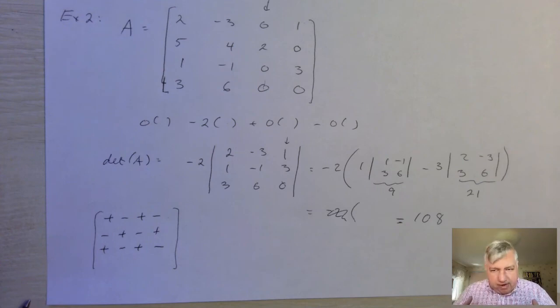We have computers and we have calculators that will compute determinants if they're relatively small. The purpose of this section really is just to see how we can use determinants to find out about the invertibility of matrices and a lot more. So that's what we're going to be doing in the next video.